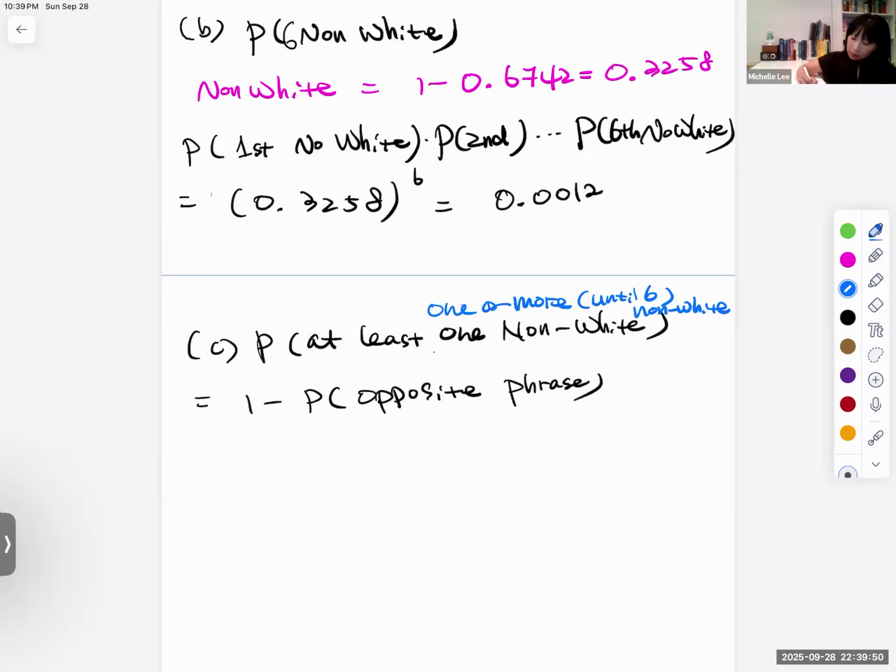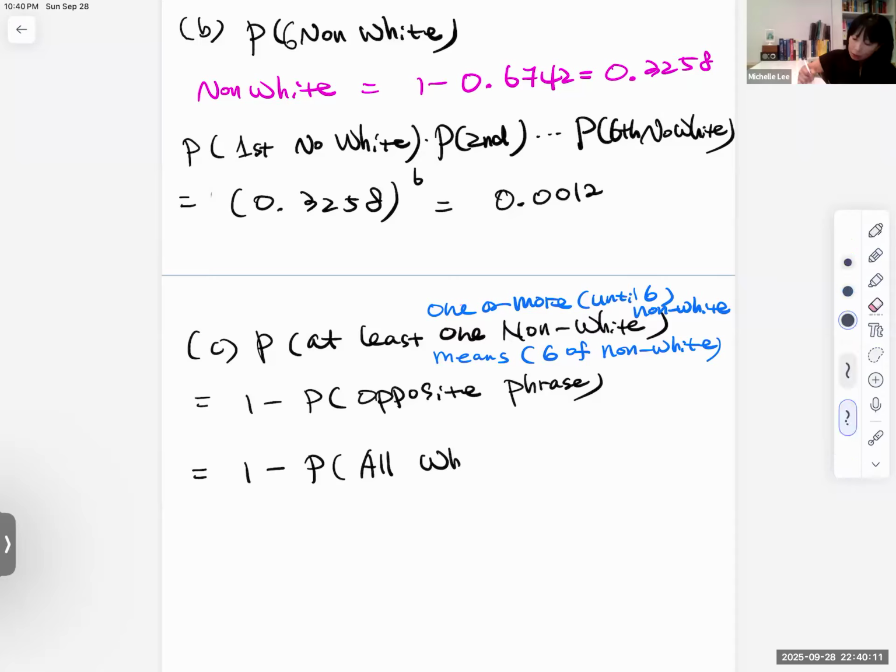So there will be 1 minus the probability of the opposite, all 6 white voters.